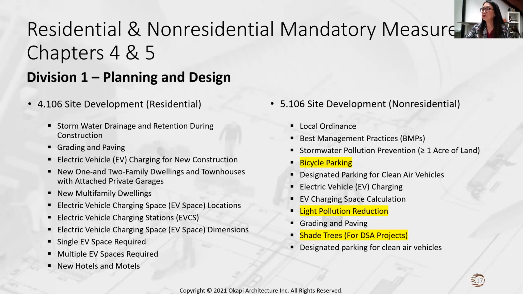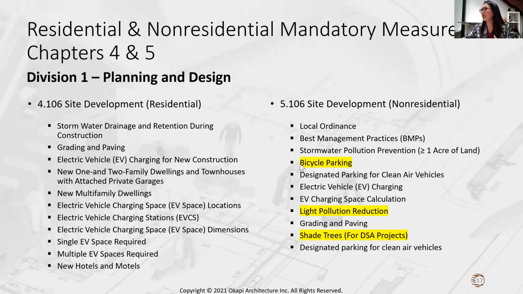So we move into the real meat of CALGreen, Division 1, Planning and Design. For this presentation, we put the residential and non-residential side by side, easier for everyone to follow. The left side, whenever it starts with a 4, means residential. Whatever starts with a 5 means non-residential. The highlight I want to point out is the difference between residential and non-residential.